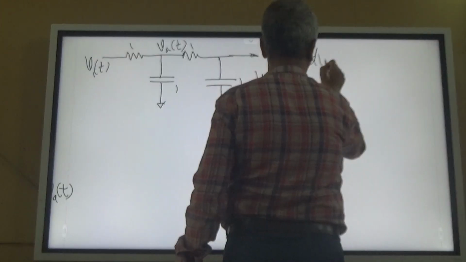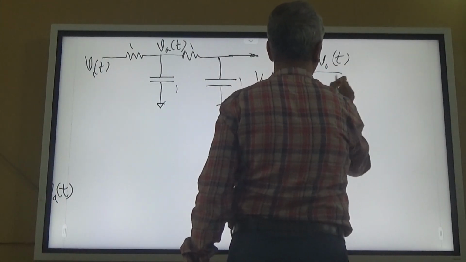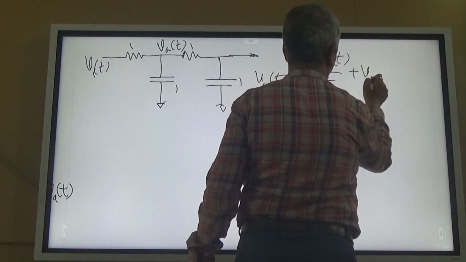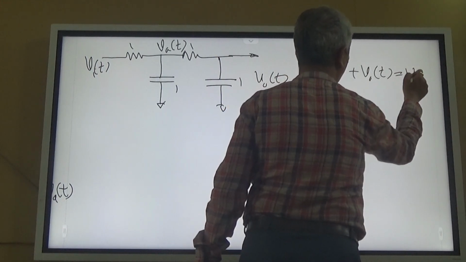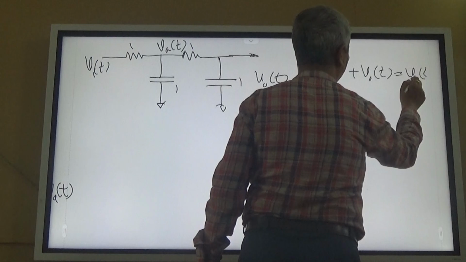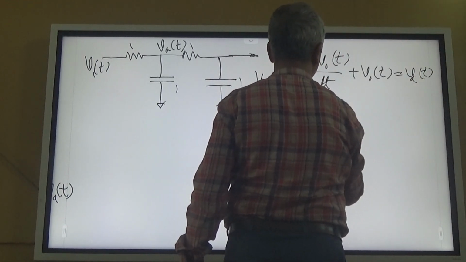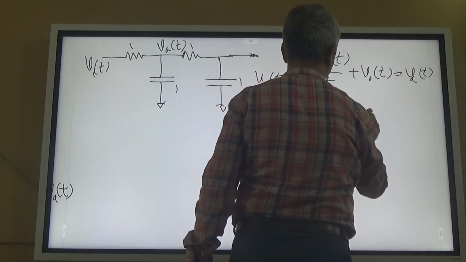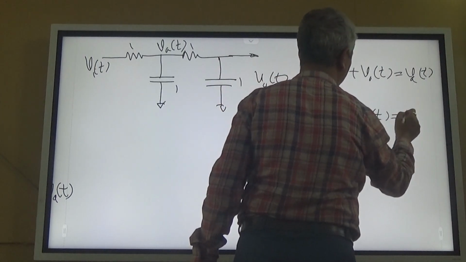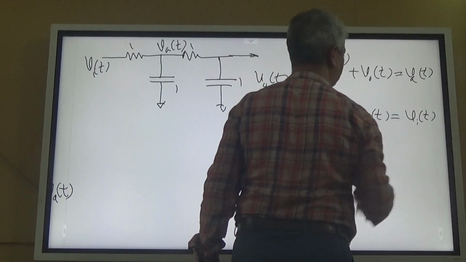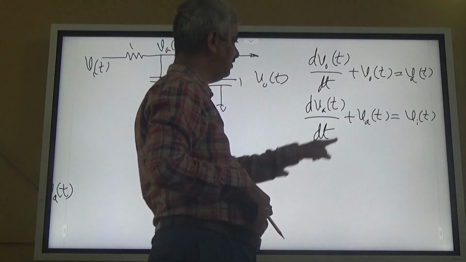So I say dVOT/dt plus VOT equal to VAT. And dVAT/dt plus VAT is equal to VIN. Right? So I don't want this.